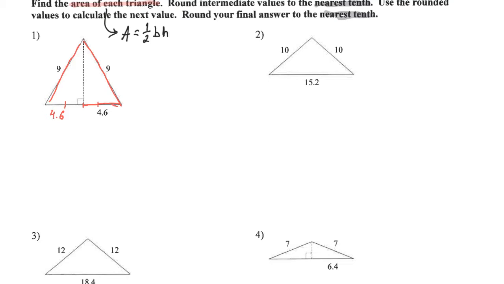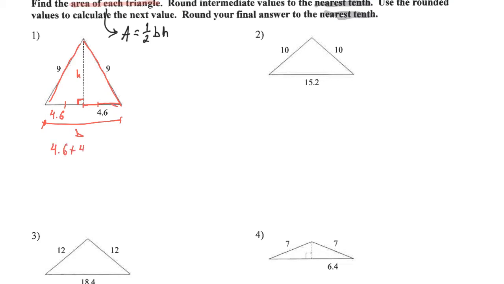Okay, so the base of a triangle and the height of a triangle are always perpendicular. So that's why we need this dashed line through the middle, and you see the right angle there. So that's telling us that this height is perpendicular, and the base is going to be both of those.